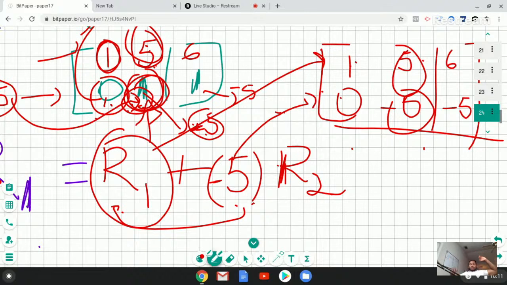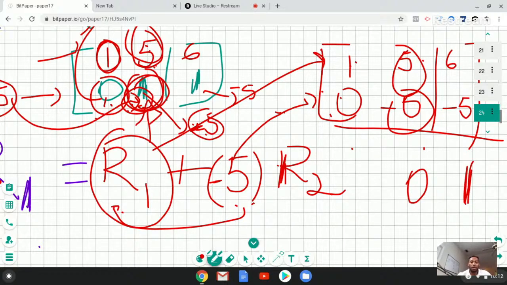So I have the 5 here. In order for us to get a 0, we can add negative 5 times row 2 to row 1. Row 1 is going to remain the same as we compute. Negative 5 times row 2 is 0 here, and then this is going to be a 1, right?